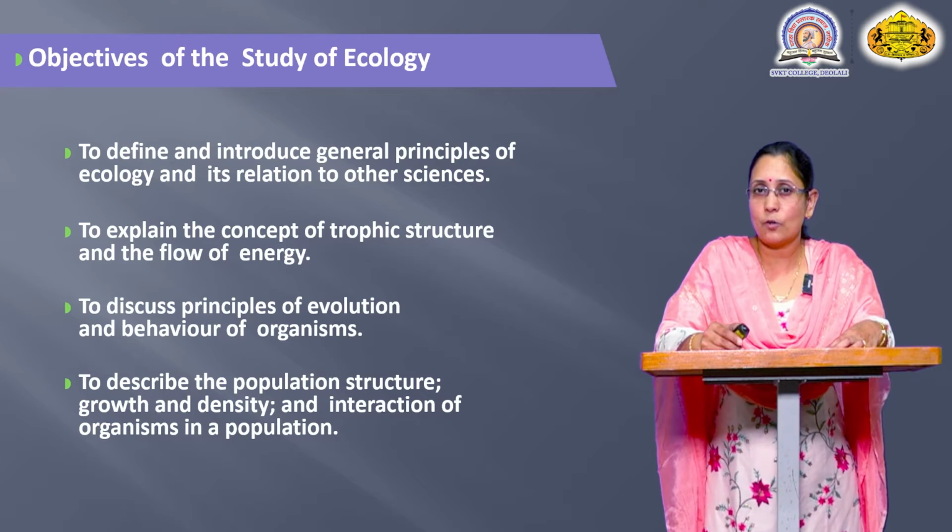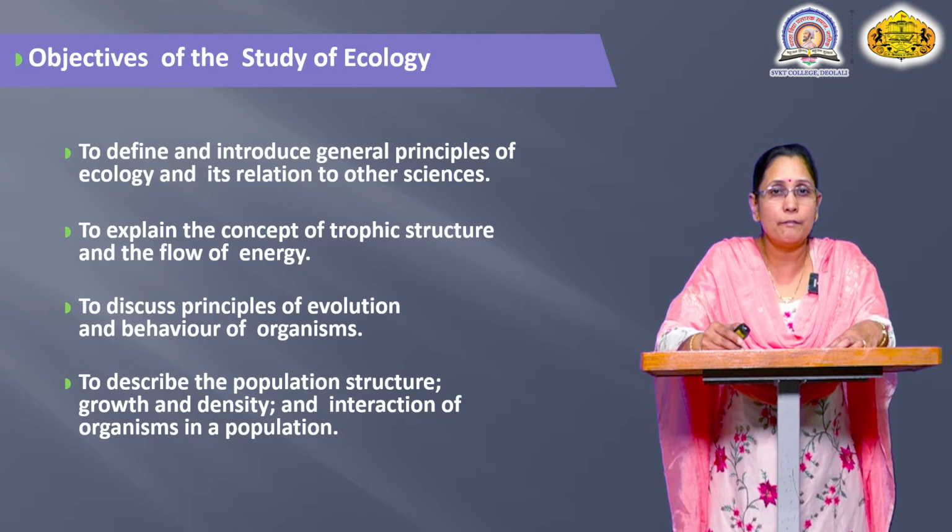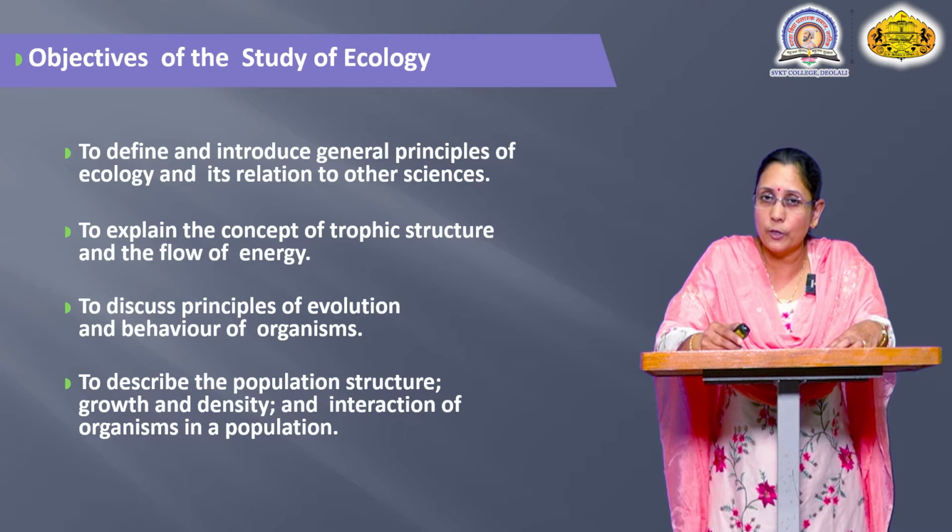So what happens in trophic structure? The flow of energy starts from the producers, right? Producers are responsible for creating this energy. Then next, what happens with this energy? This energy is transferred towards the consumers.